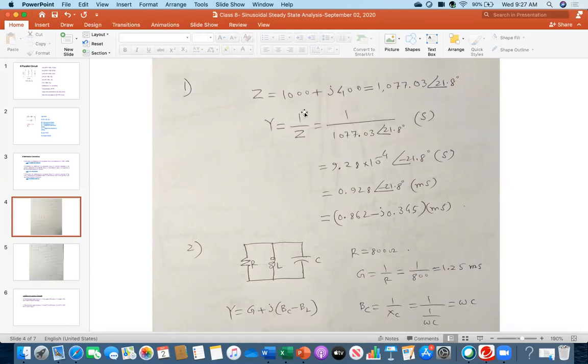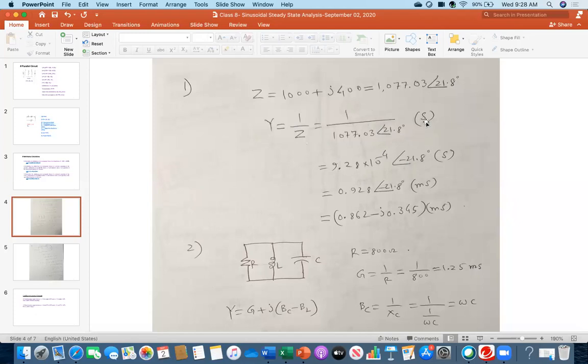Okay, then come back. Y is one over Z, so one over that number, and then just the calculation. I expressed it in this format: 9.28 times 10 to the power minus 4. According to phasor algebra, this goes in the numerator, so the angle becomes negative.